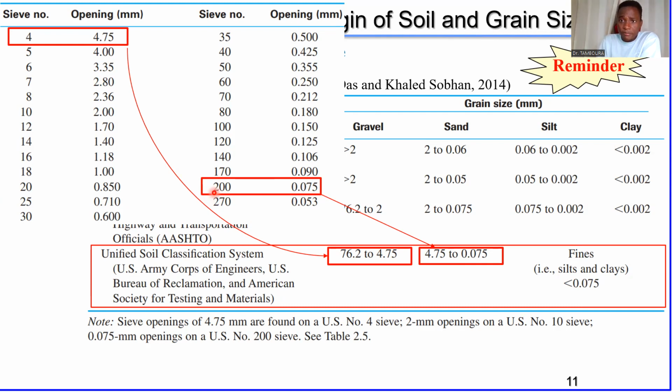Okay. If on the contrary, 50% doesn't pass, the retained amount on this sieve is more than 50% of the soil, then the soil is not fine soil, it is coarse-grained soil. That's what you need to remember. Mainly this one.